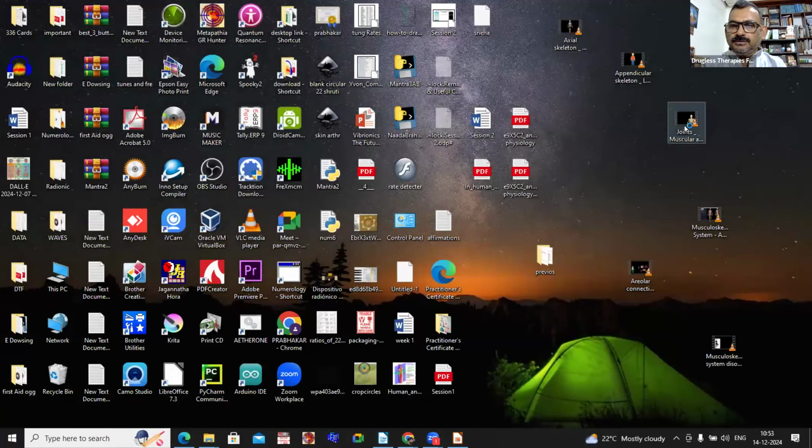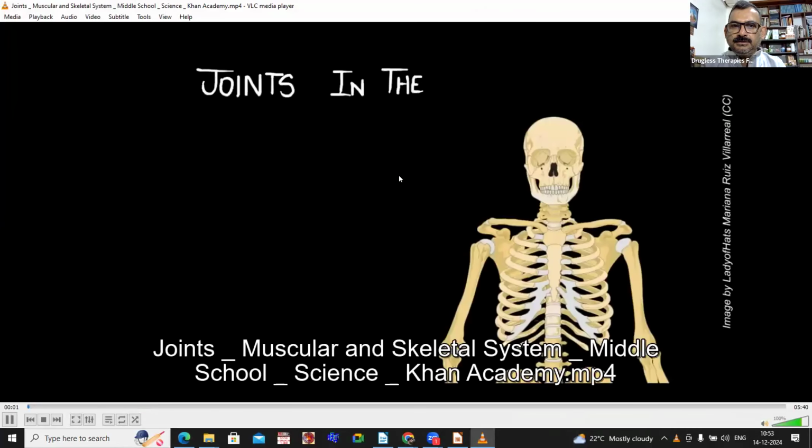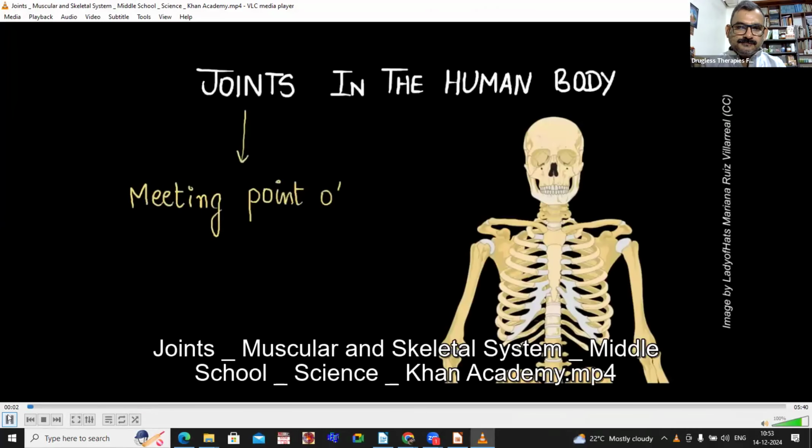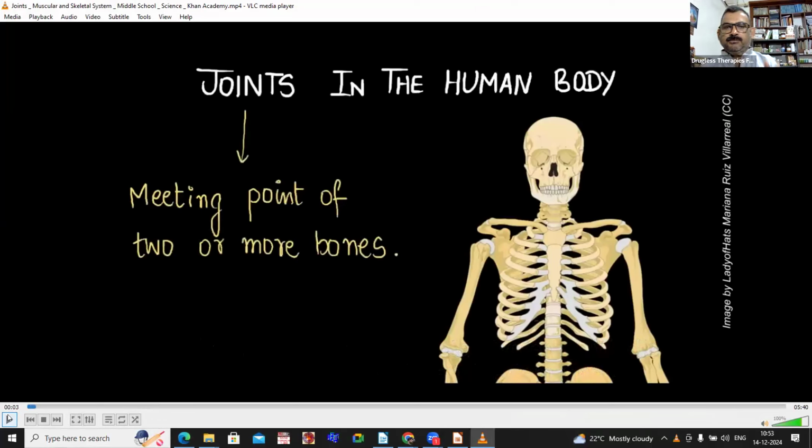Okay, now the meeting point of 2 or more bones is a joint. Now we will study the joints, which are very important, because wherever there is movement, that point generally restricts us from moving when it is diseased.